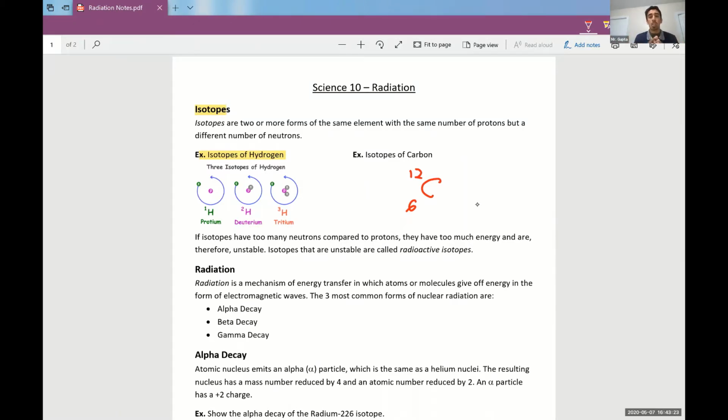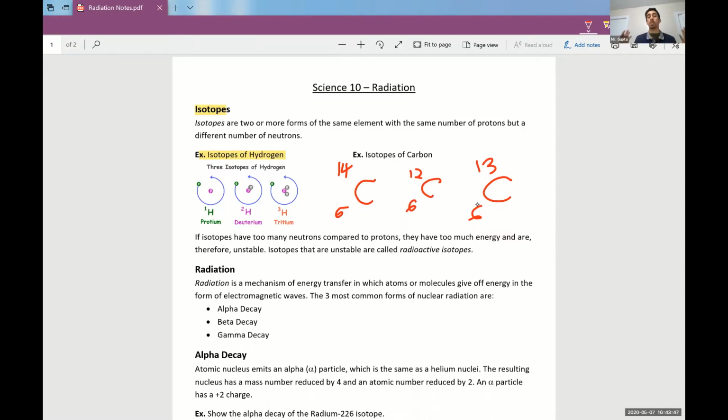I'm only going to draw 2 other ones. Carbon-13 has 7 neutrons, and we're also going to draw carbon-14, which has 8 neutrons. So just like hydrogen, there are different versions of carbon.